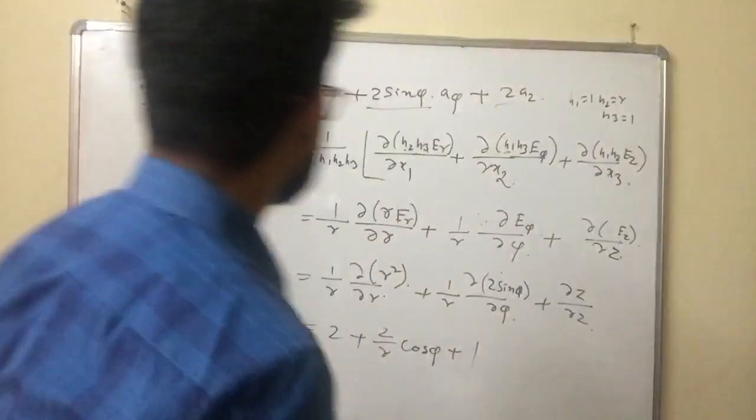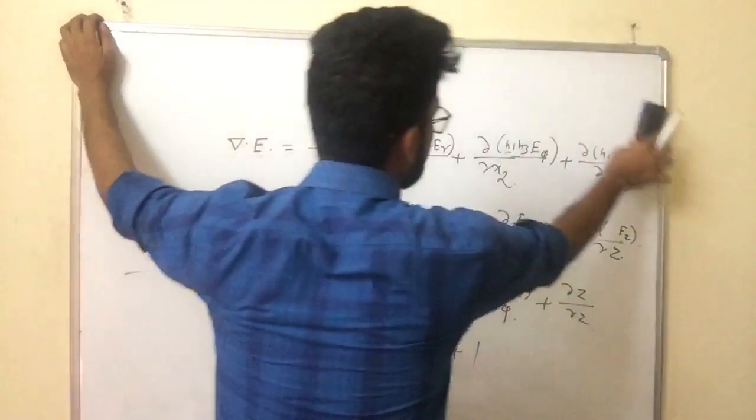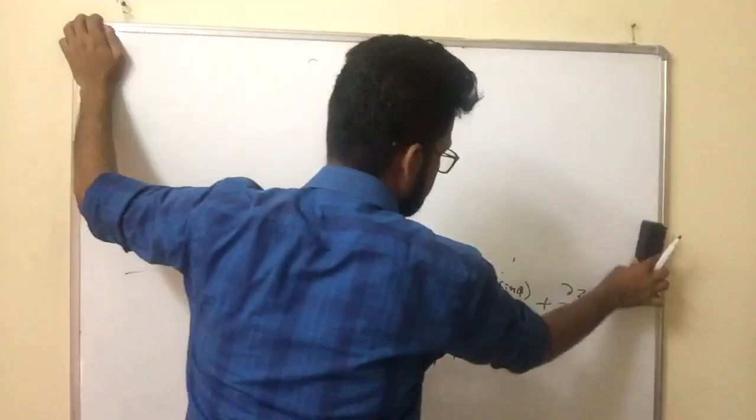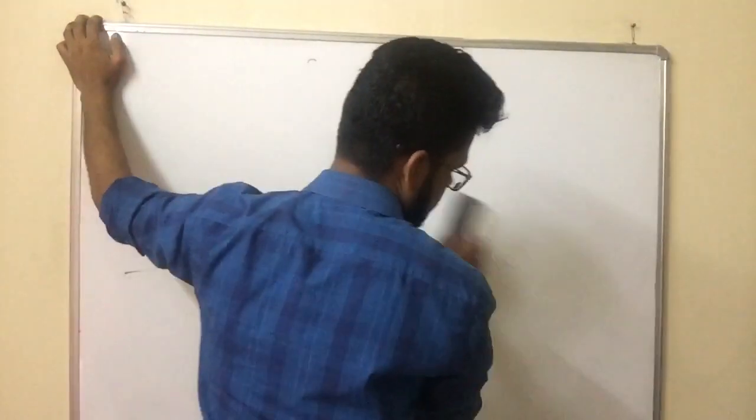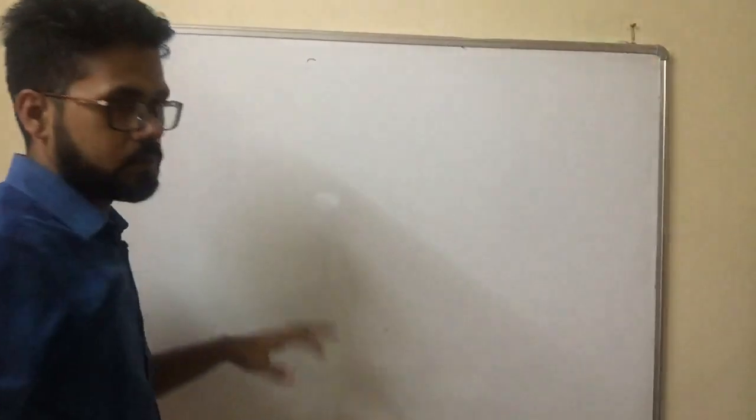Last one, the general formula of curl. But I am not going to derive this all the time. I am going to give you the general formula of curl. You just apply the parameters H1, H2, H3 according to the coordinate system.